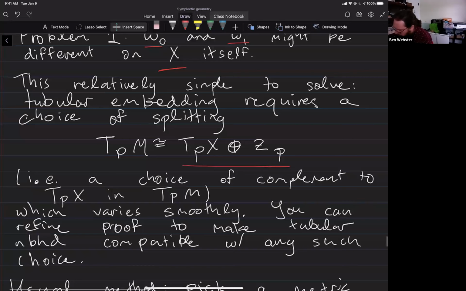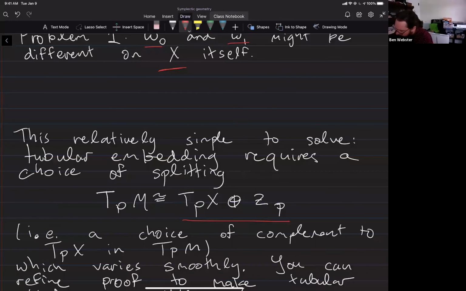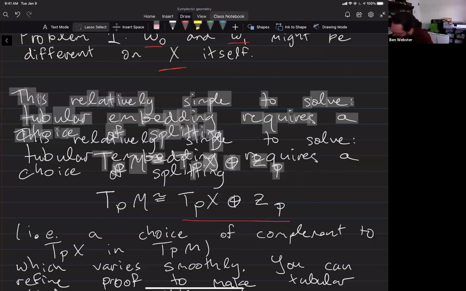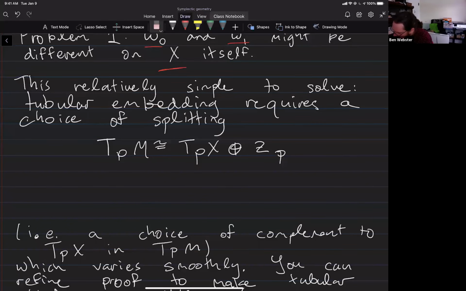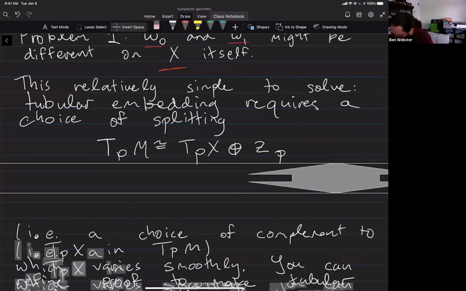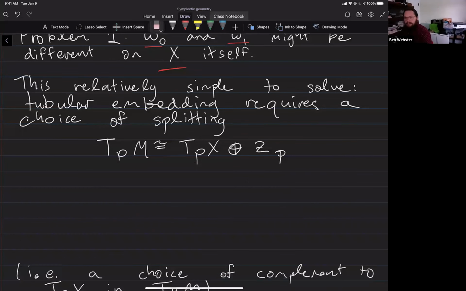So, how do I do this tubular neighborhood theorem? I have my tangent space to the whole manifold, and I split that up as a direct sum of the tangent space to the submanifold and something complementary. Okay. Oh, Z_p the complementary space then.